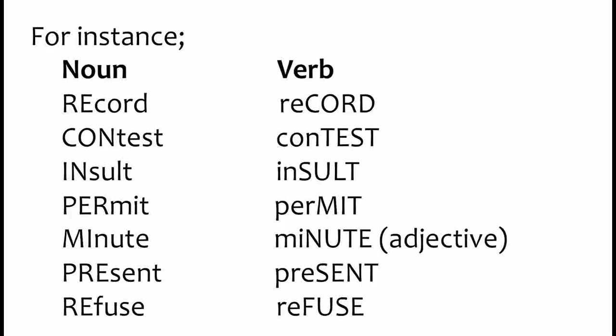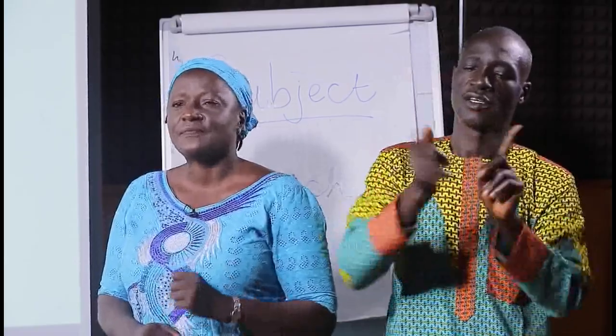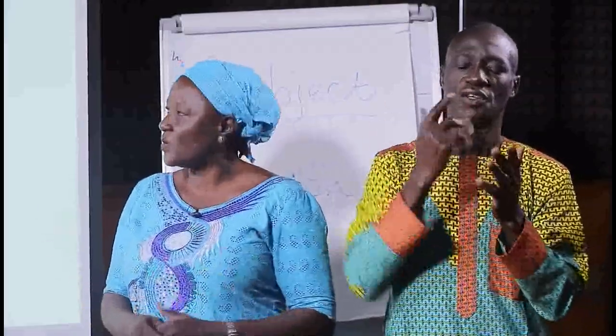So let's go on. For instance, we have the column for nouns again, and we have the column for our verbs. Remember in the explanation, I said the noun is always stressed on the first syllable, while the verb is stressed on the second syllable. So it is the shift in stress that defines the meaning of these words.